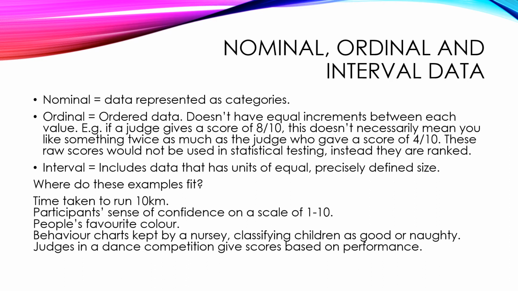Similarly, the person who gave 4 doesn't think that it's half as good as the other judge gave. These raw scores would not be used in statistical testing, and instead they are ranked in an ordered way, but that is not something you need to know how to calculate.